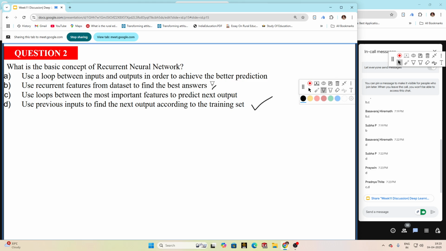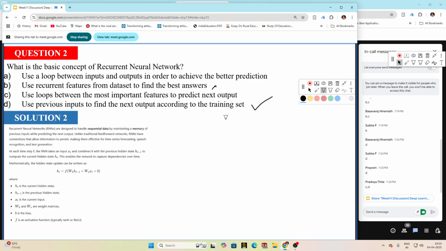Option C, use loops between the most important features to predict the next output. This can be said to be partially correct, but answer D is correct. Use the previous input to find the next output according to the training set. This is the most appropriate thing.